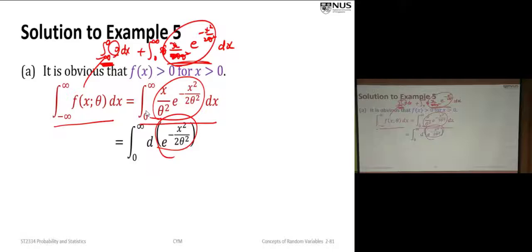What it means is that you differentiate this part and then integrate, so you are getting back this function. You differentiate with respect to x, but then you also integrate, so you take the inverse. So the answer will be e to the power of minus x squared over 2 theta squared, evaluated with lower limit 0 and upper limit infinity.